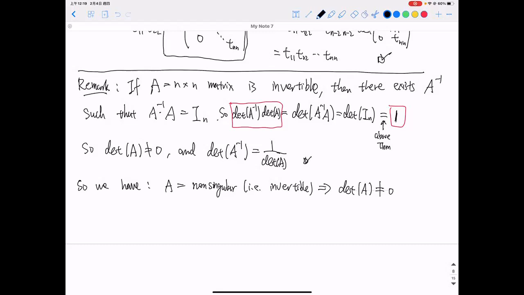Or in other words, the determinant of A being 0 implies A is singular. This is the contrapositive statement.